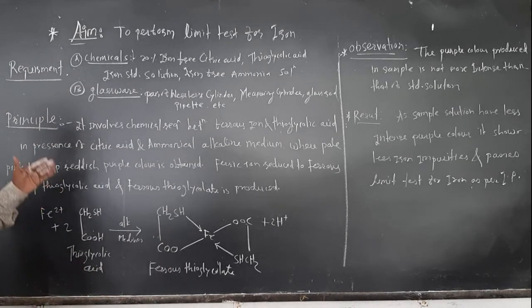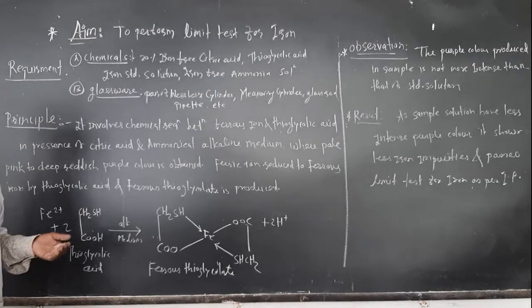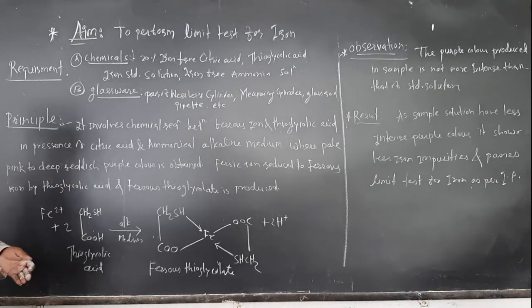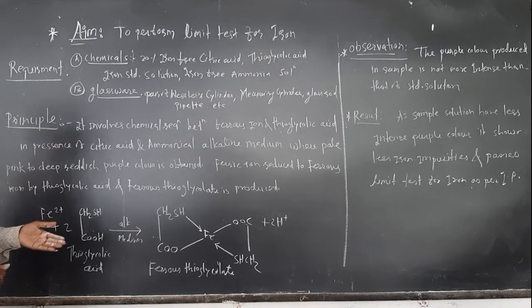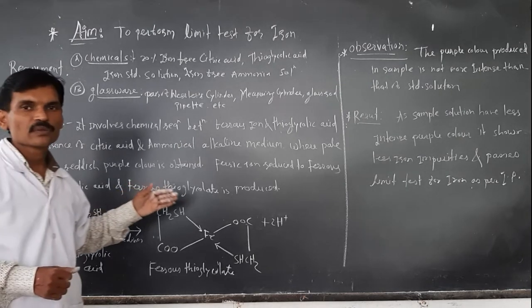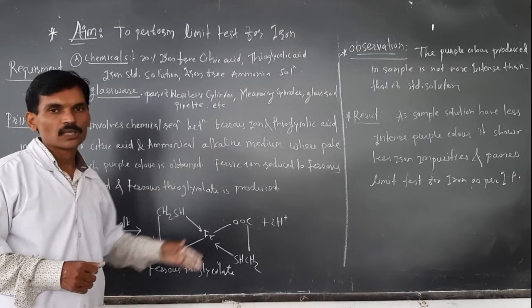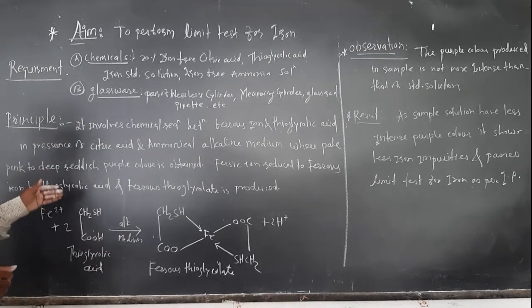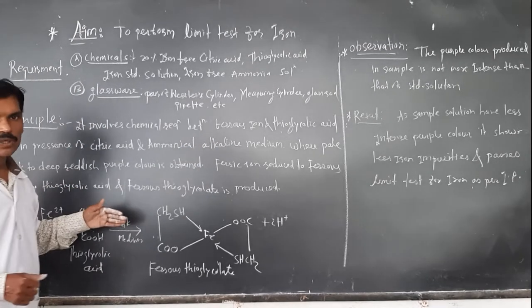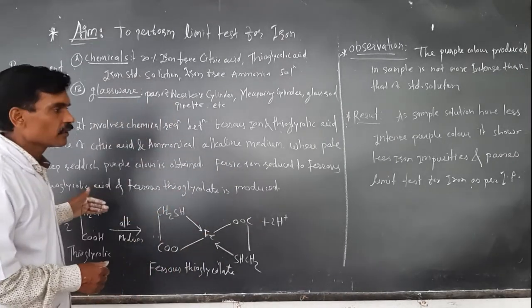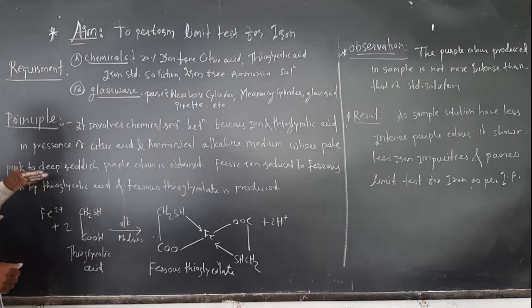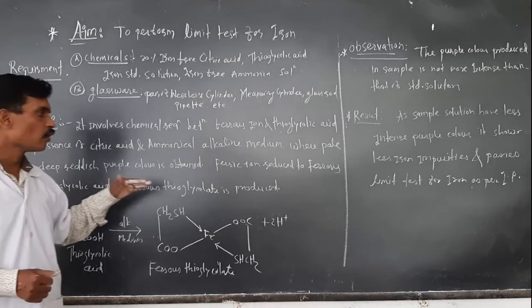Now, the principle behind today's limit test for iron. The limit test for iron involves a chemical reaction between the ferrous ion and thioglycolic acid in presence of citric acid and ammoniacal alkaline medium, where a pale pink or deep reddish purple color is obtained.